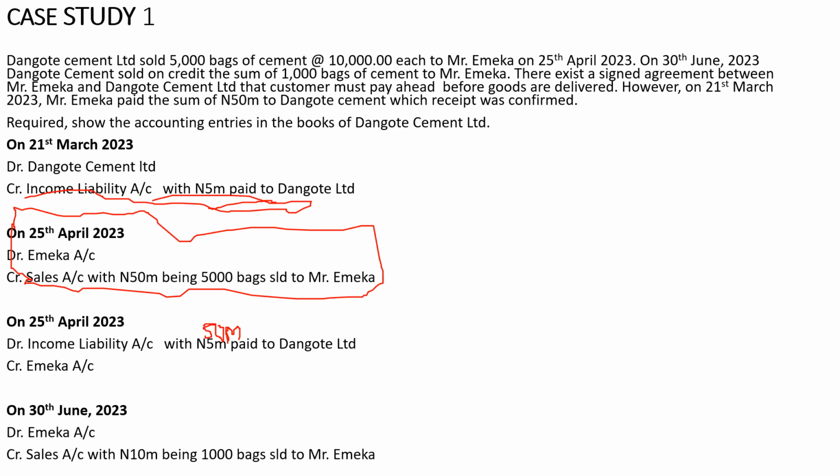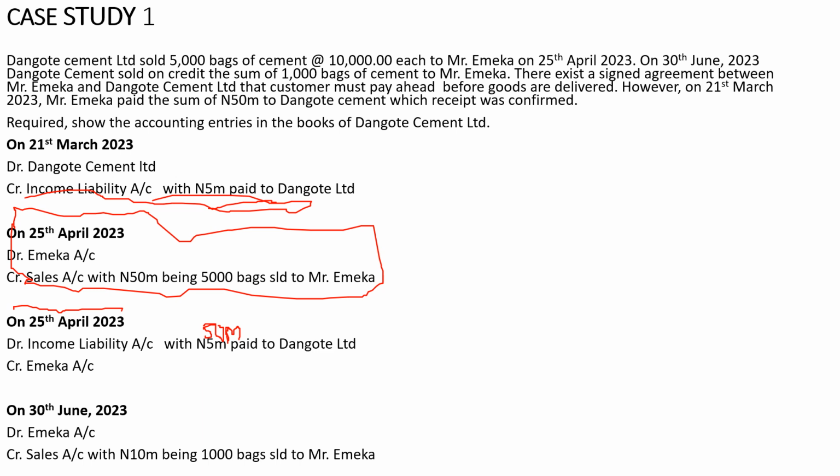Now, let's go to the next one. We've been able to track the 5,000 bags that have been supplied to Mr. Emeka. Now, let's also look at this other entry. Let me try and explain this third accounting entry, this one here on the 25th, right?